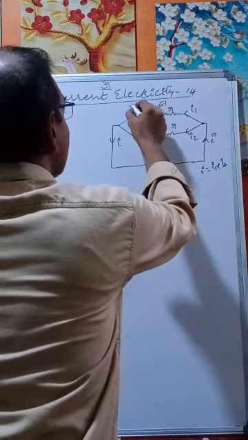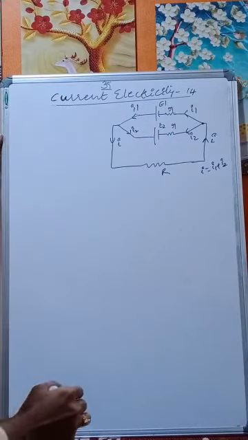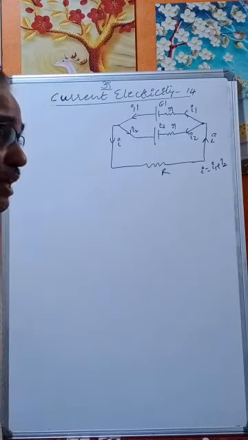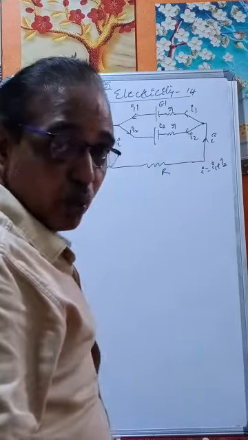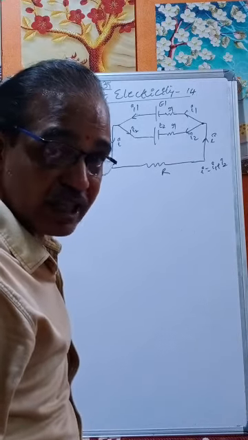Again, this current is I1 and this current is I2. I gave the expression directly that the current I equals (E1 R2 plus E2 R1) divided by (R1 R2 plus capital R times (R1 plus R2)).